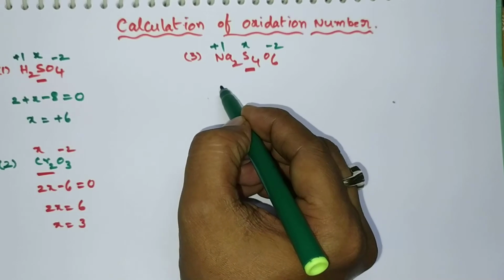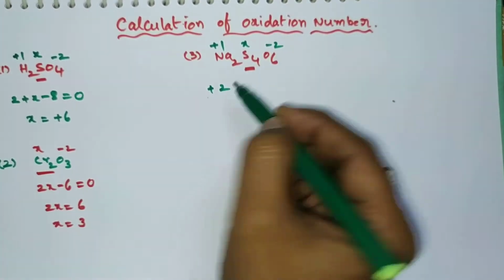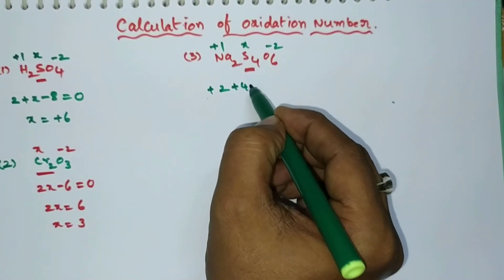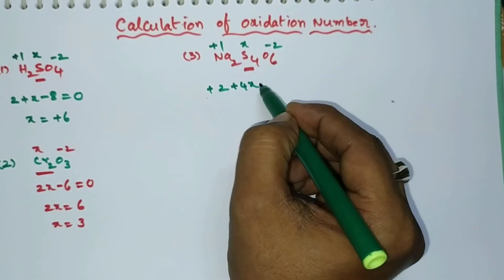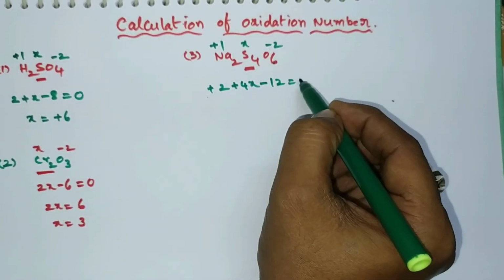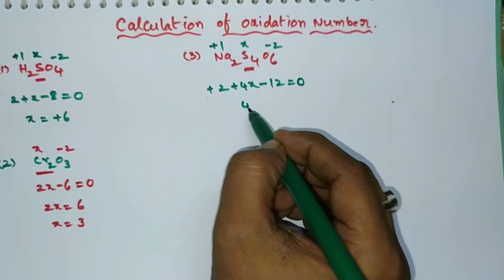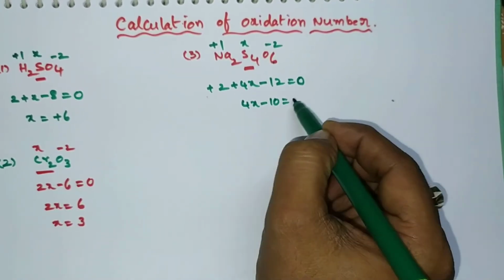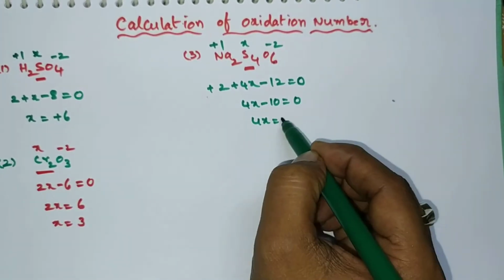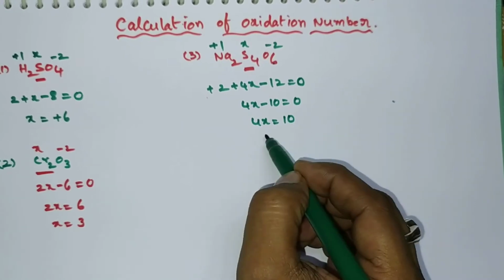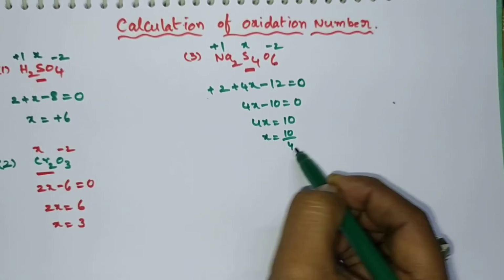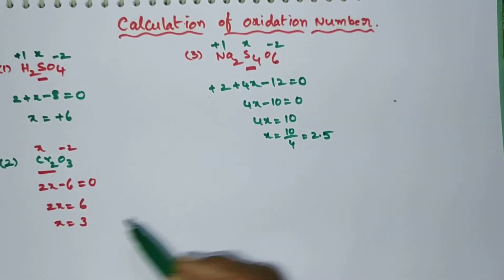So 2 into +1 is +2, 4 into x is 4x, -2 into 6 is -12, and that equals 0. So 4x minus 10 equals 0, 4x is equal to 10, that means x equals 10 by 4, which is 2.5.